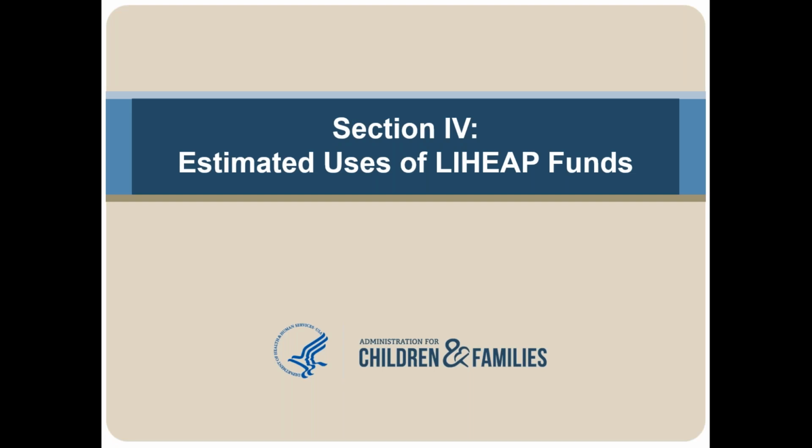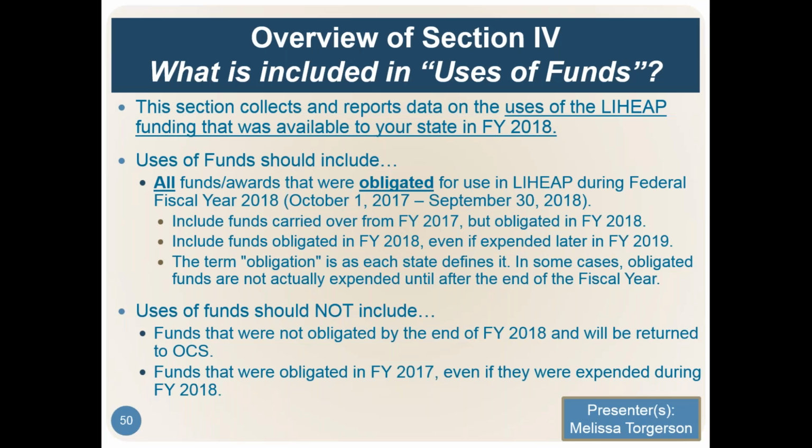So now we're going to move on to Section 4, which is the estimated uses of LIHEAP funds. Okay, so we went over sources, which is all the money that you have available to obligate in FY 2018. And now we're going to go through and tell OCS and the world how you chose to obligate those funds.